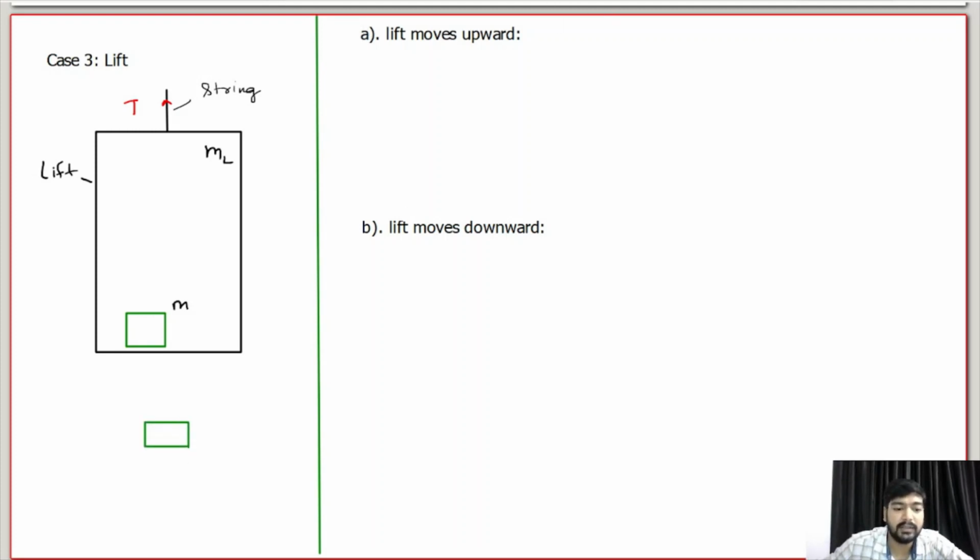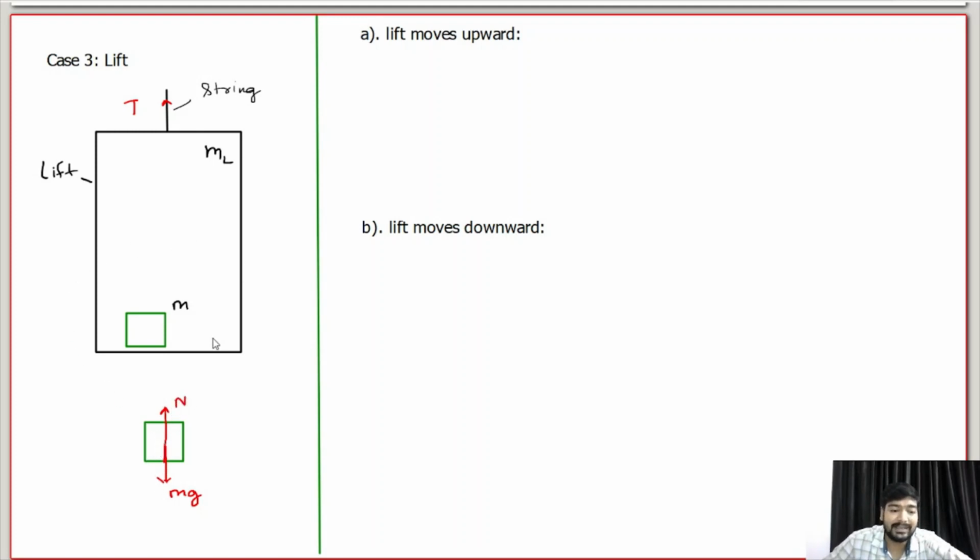First I take the diagram of mass small m which is kept in the lift. It will have the weight downward, that is m into g, and it will have the normal reaction upward, right?